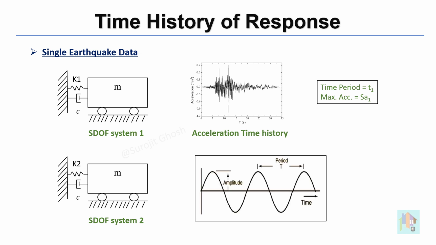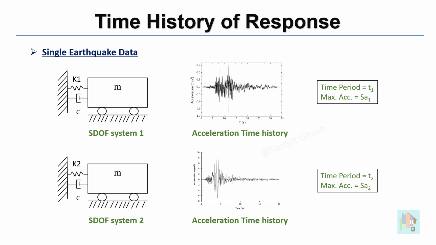When a SDOF system is disturbed from its position, it starts to swing back and forth like a pendulum. Time required to complete one complete cycle is known as the natural period, and it depends on the stiffness. More stiff structures displace less and have a lower time period, whereas ductile structure takes more time to complete a single cycle.